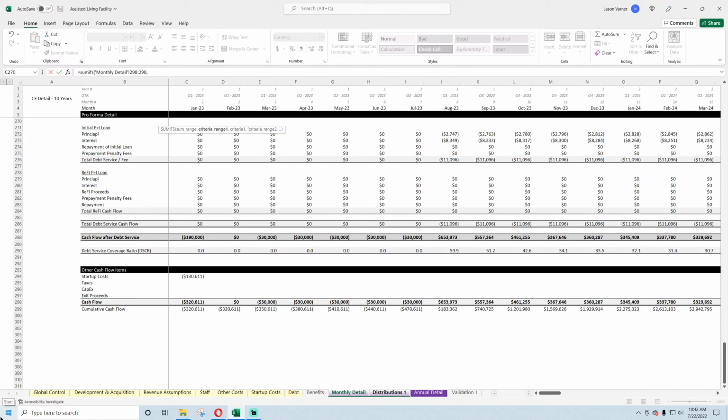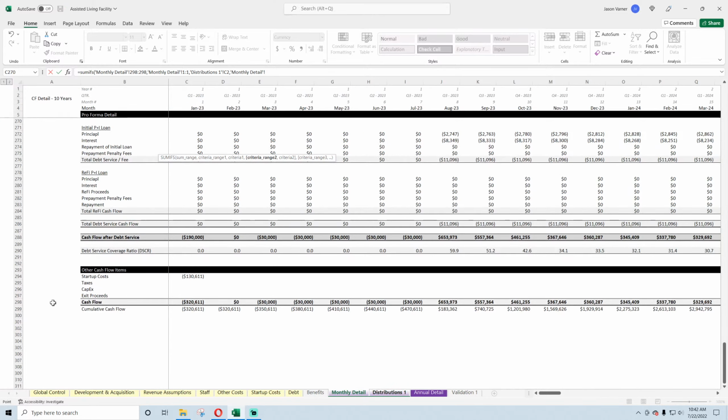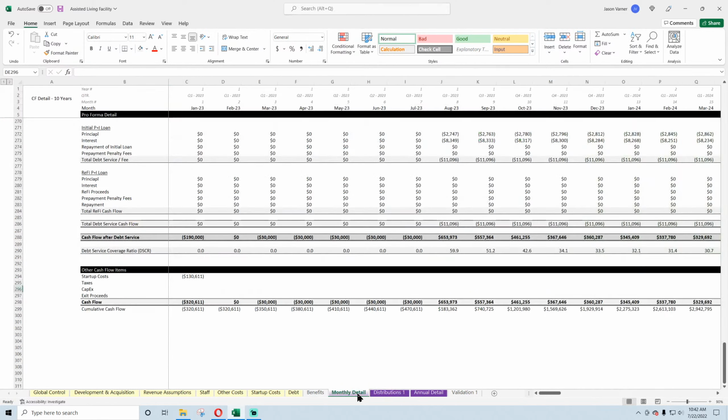So 298, if the year up here matches our distribution year, and if it is greater than 0. So those are any positive monthly cash flows, which we do have some in the first year.